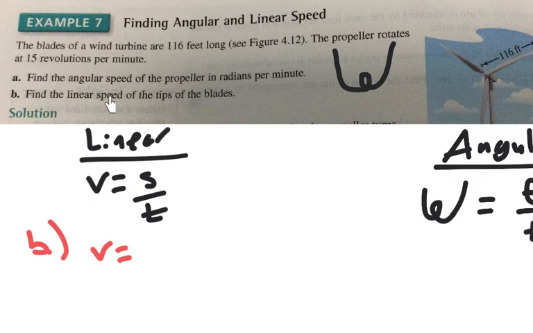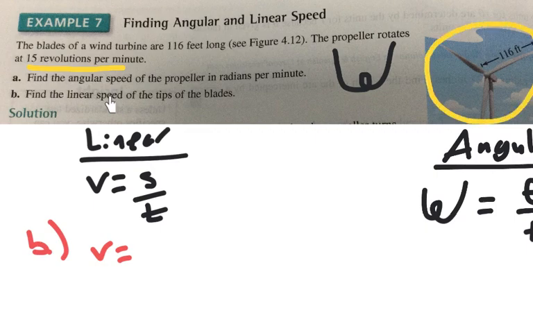So how much am I covering here? Well, this problem's a little bit different because it tells me that it does 15 full revolutions in a minute. The last example we were working was a clock. Well, a clock does 1 revolution every minute because, hello, it's a clock. That's the whole point of the second hand. So this one, again, is just a circle here on this wind turbine.